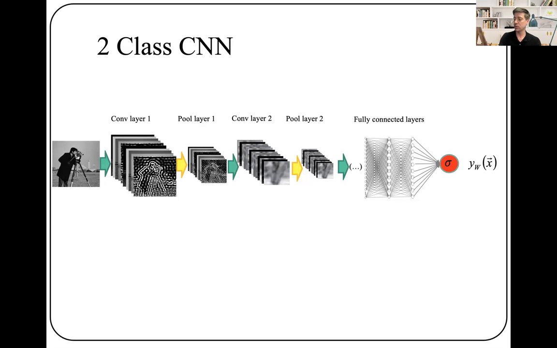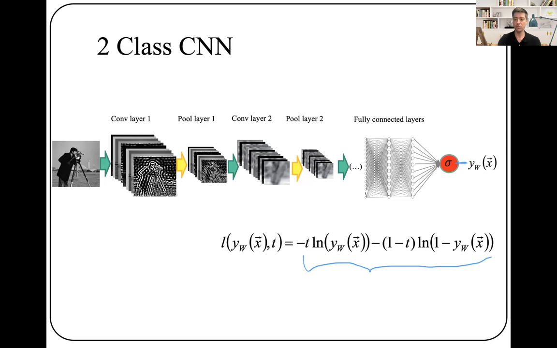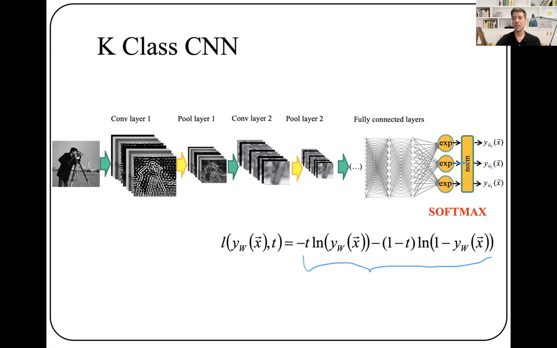Okay, so this is for a two-class CNN. We have a single scalar at the end. Here we have the binary cross-entropy function. In the case of K-class classification, we simply apply the softmax. We're going to have as many outputs as we have classes, and then the cross entropy will change.